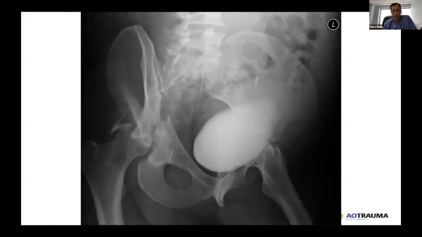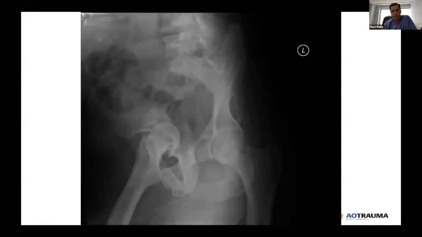There's our obturator oblique view again. That's fantastic. 87% of you selected transverse posterior wall. Some people selected posterior column plus posterior wall, and some T-shaped fracture.